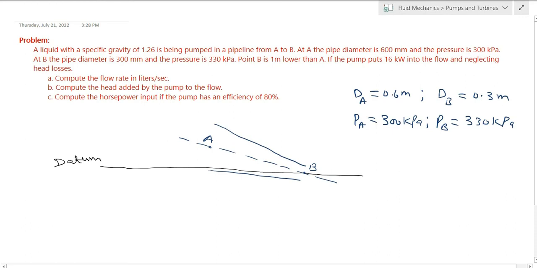Now B is lower than A by 1 meter. Okay, now we can find the datum head. ZB is equal to 0 because the datum is passing through B. Okay, we assume that, and datum at A is 1 meter, right? Because A is above datum by 1 meter.